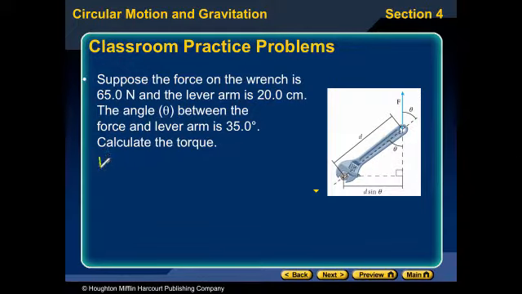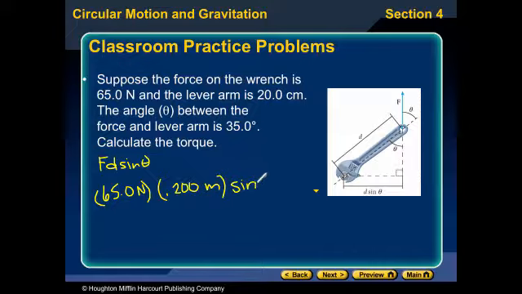F, the force, is 65. The distance, now we do need it in meters, so it's 0.200 meters, and then sine of 35. We should get 7.46 newton meters.